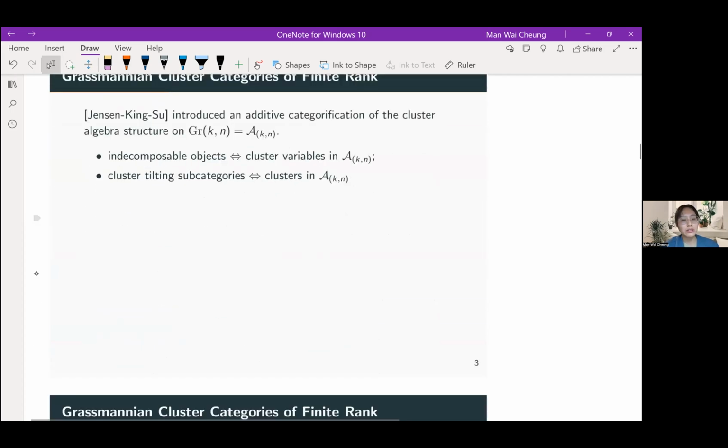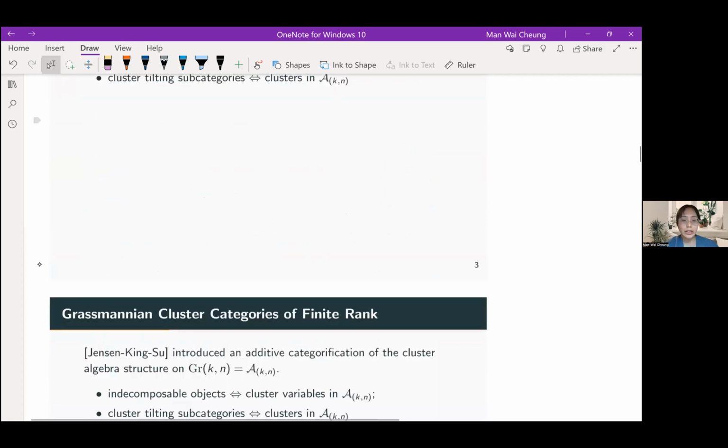The indecomposable objects in the category correspond to the cluster variables in the algebra, and a cluster tilting subcategory gives us a cluster in the algebra.